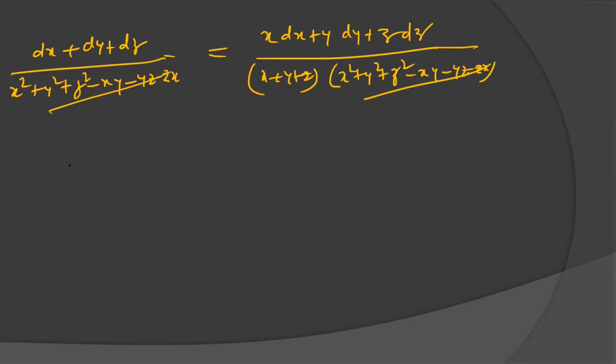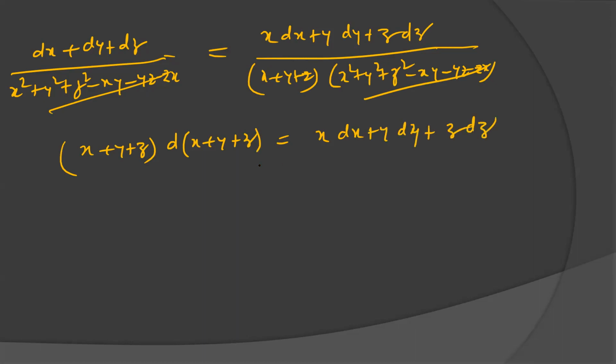This factor is cancelled out. Now x plus y plus z you can write here, and this can be written as d of x plus y plus z equal to x dx plus y dy plus z dz.